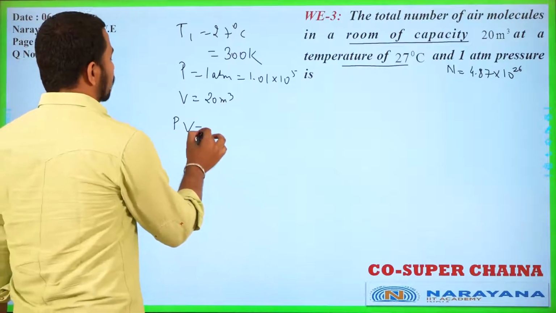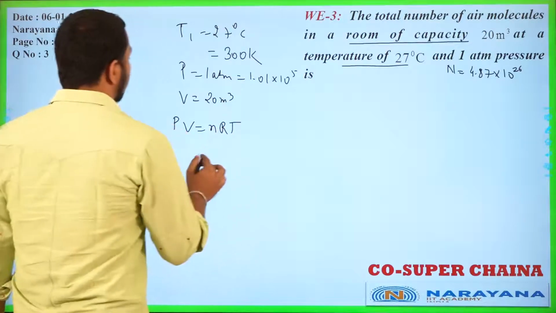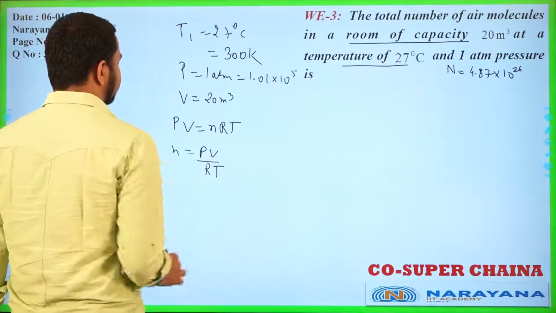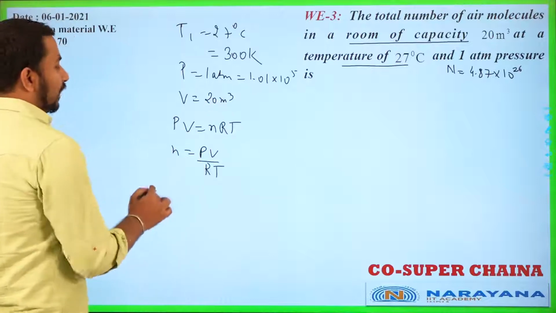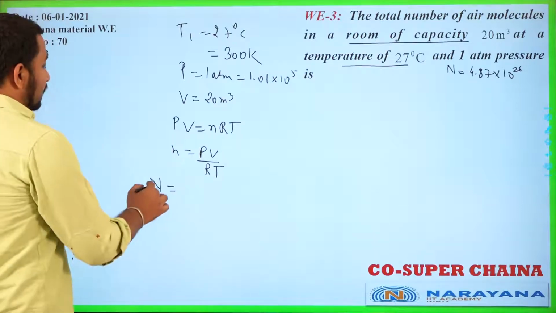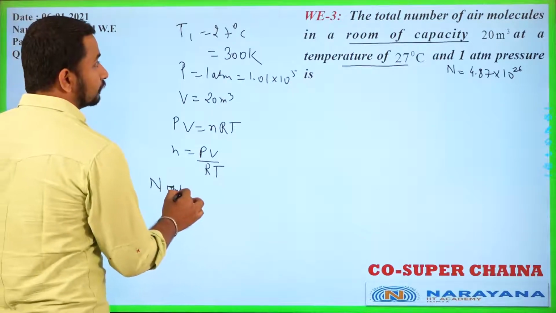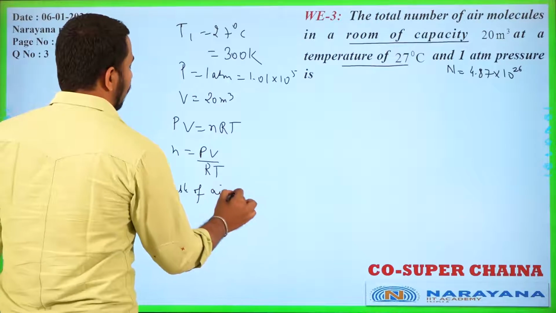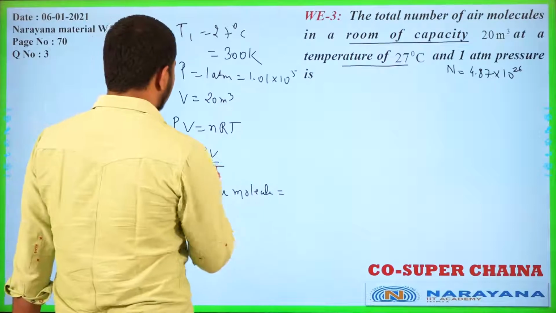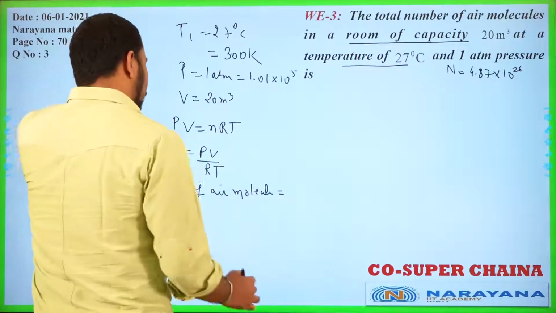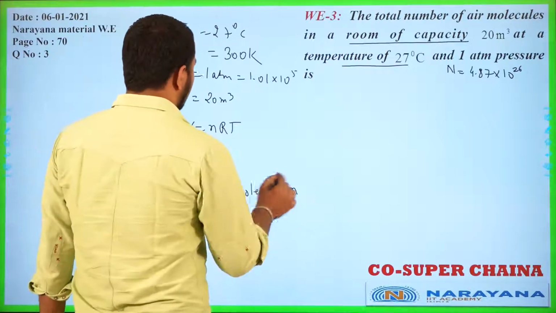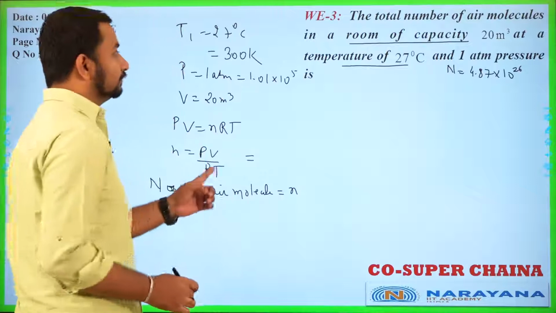So PV is equals to nRT. From here we can get n will be PV by RT, right? Now you have to get capital N, that is the number of air molecules. First you calculate this, substitute the value here.